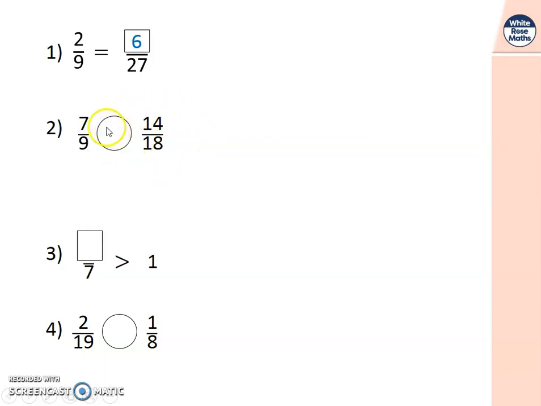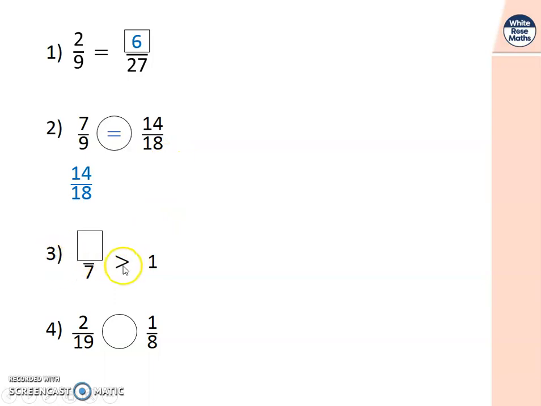So one way to do it would be to double 7 to make it into 14. Whatever I do to the numerator, I do to the denominator. Double 9 is 18. You should have found when we convert that into an equivalent fraction, they are exactly the same. So therefore they are equivalent.